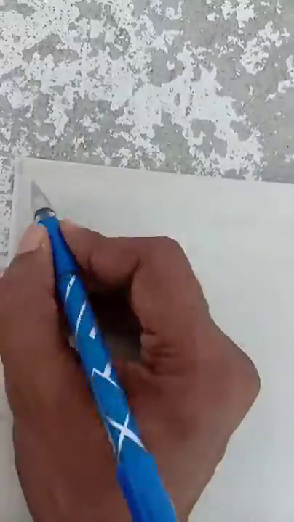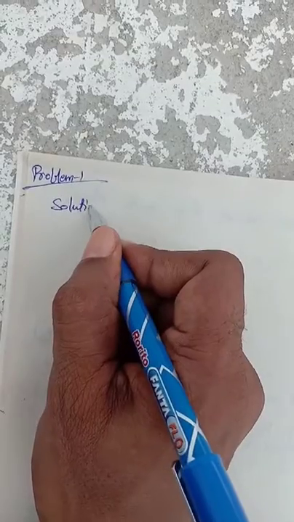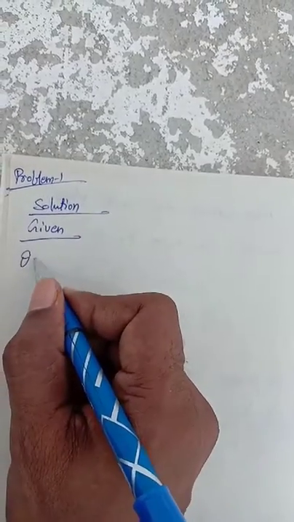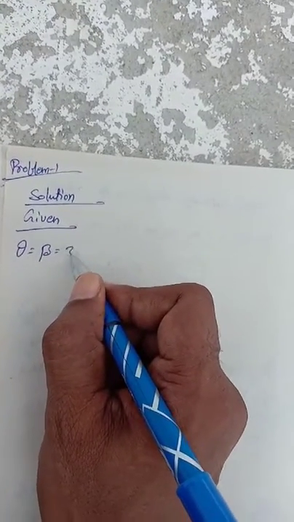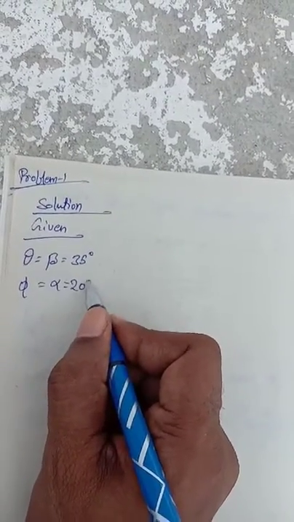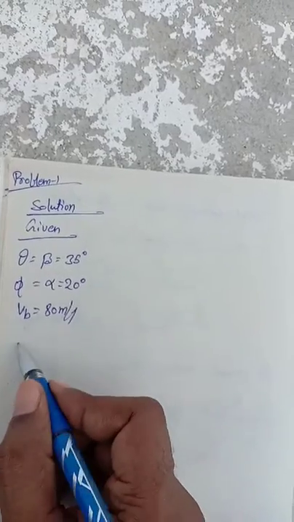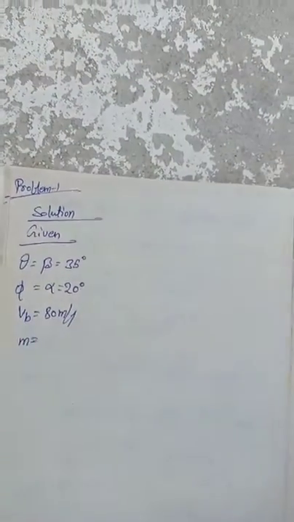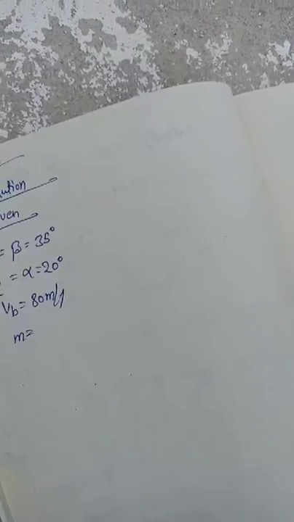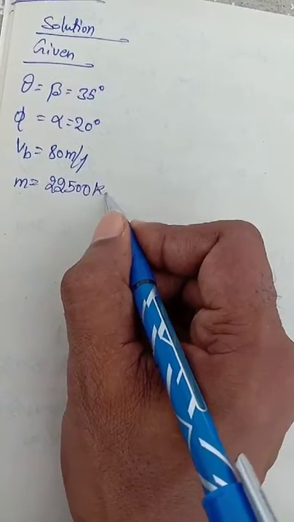Now we are going to see how to solve. Solution: given, beta is equal to 35 degrees, and alpha is equal to 20 degrees, and blade velocity is given as 80 meters per second, and m is given as 22,500 kg per hour.